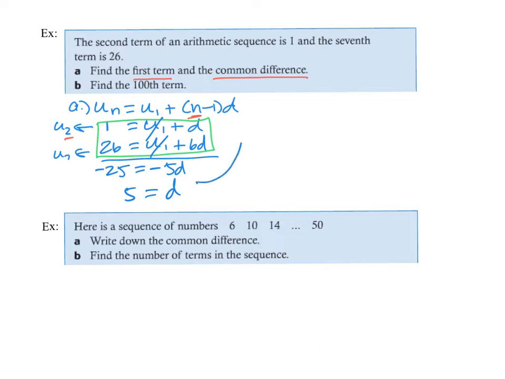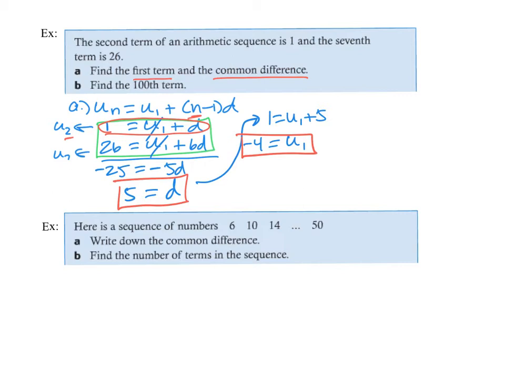Now let's go ahead and find u sub 1. I'm just going to take this first equation and replace d with 5. So that would be 1 equals u sub 1 plus 5. Subtract 5 from both sides, and we get u sub 1 is negative 4. So we have found our common difference, and we have found the first term.